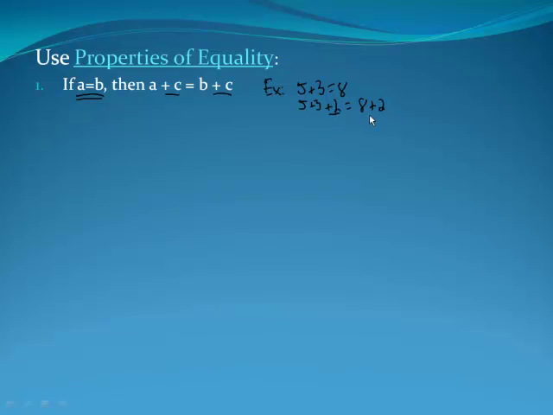On the left-hand side, you'd get 5 plus 3 is 8, plus another 2 is 10. Right-hand side, 8 plus 2 also is 10. You agree that 10 is equal to 10. We have a true statement. So if you add to one side, add to the other side, you still have an equation that is true.